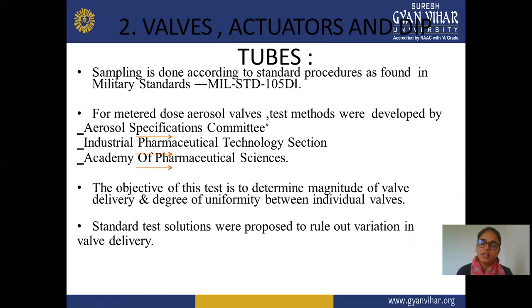This is a specific guideline required for sampling of the valve or any other part of the aerosol. According to this standard, we check the valve condition. And for metered dose aerosol valves, the test method is by WLOP and the Aerosol Specification Committee.